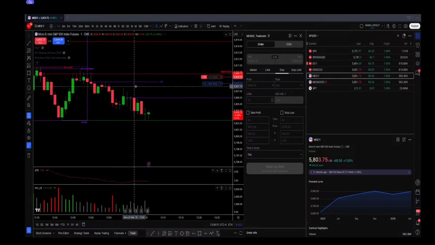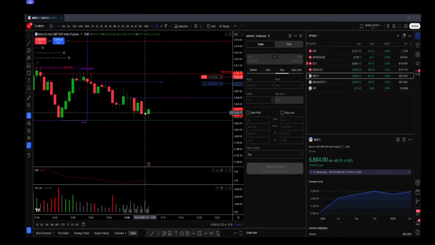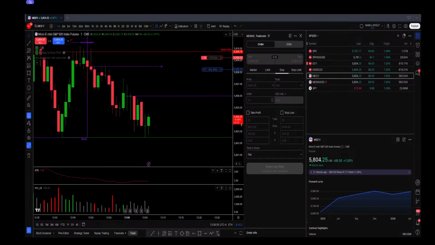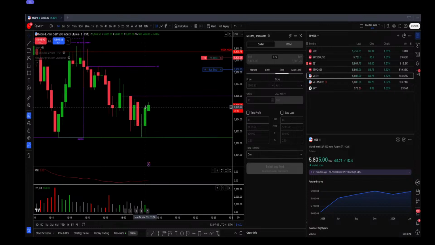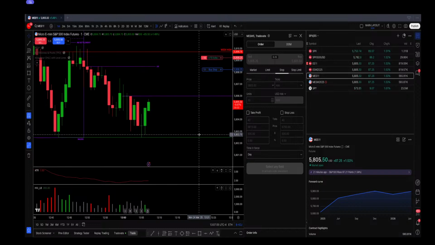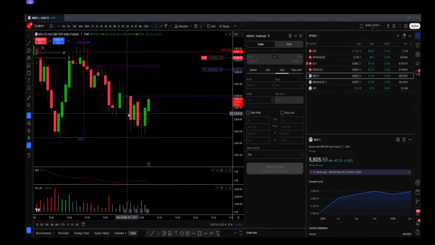Let me peek at the one. Added volume here. Okay, so signal this as a buyer's candle. We got that.